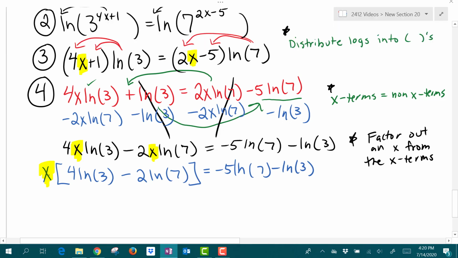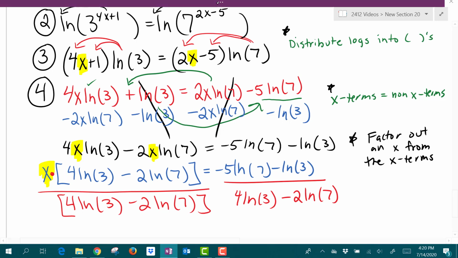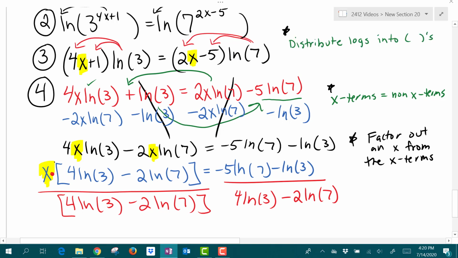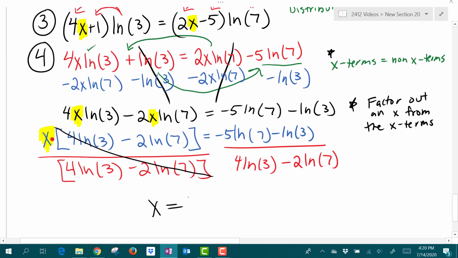So I want to get rid of anything that's being multiplied times that x, so I'm going to divide by that whole entire group on both sides. Okay, anything divided by itself is 1, so that group now goes away. Now I'm left with x is equal to everything that's left on that right-hand side.